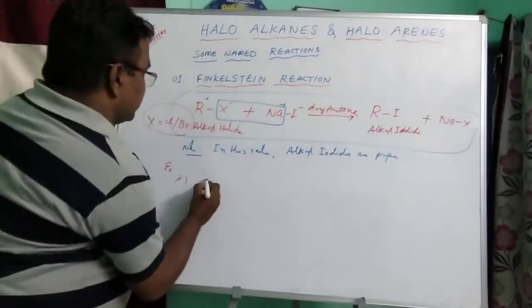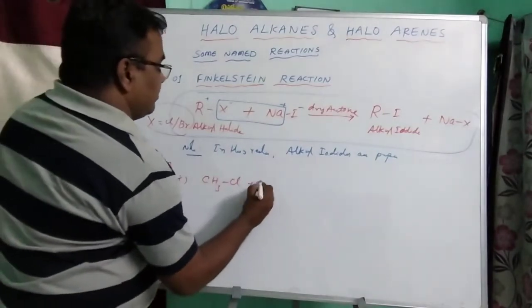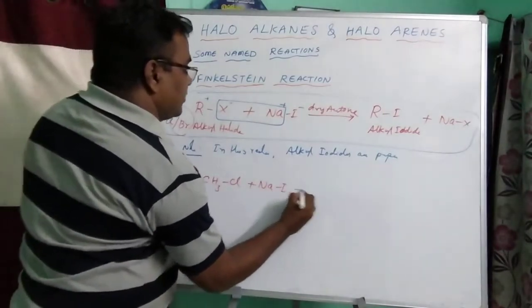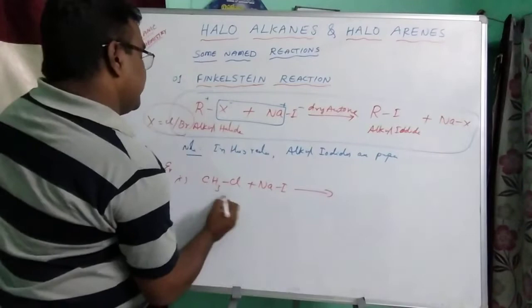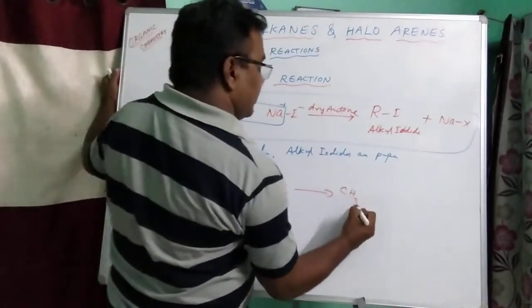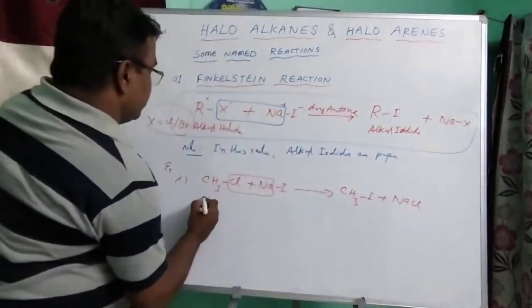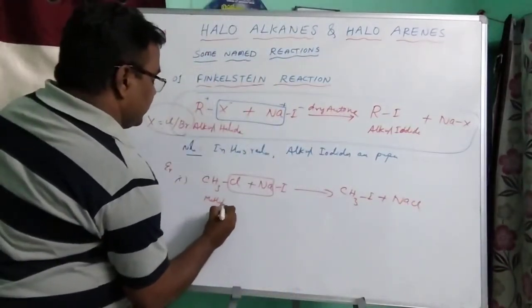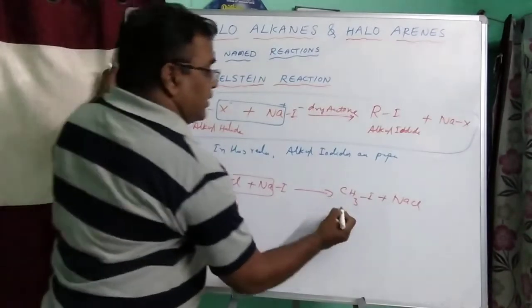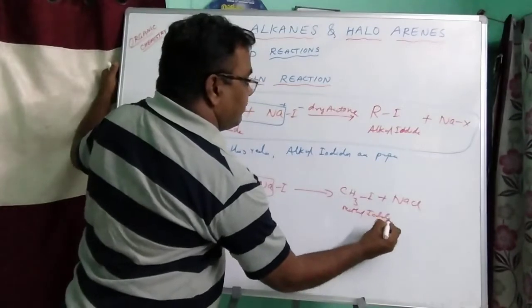R dash X. For example, the first alkyl group is methyl chloride plus sodium iodide. We have to remove sodium chloride as byproduct: methyl iodide plus sodium chloride. We know that methyl chloride is an alkyl halide, and this is methyl iodide.